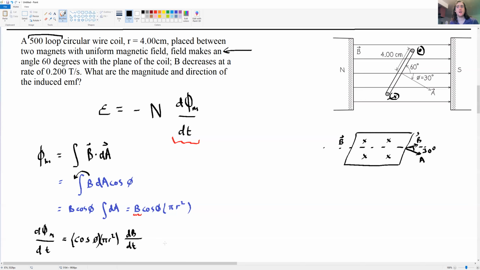And dB dt was given to us. In fact, it's even given to us as a negative value here, since it says B decreases.